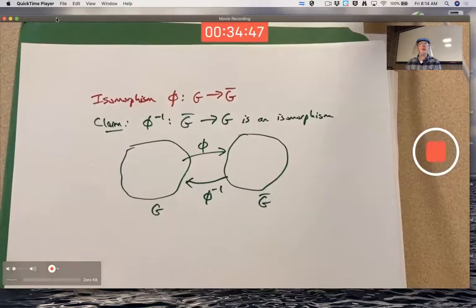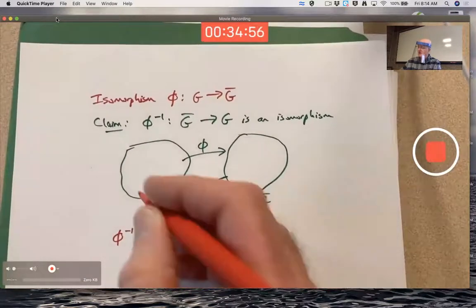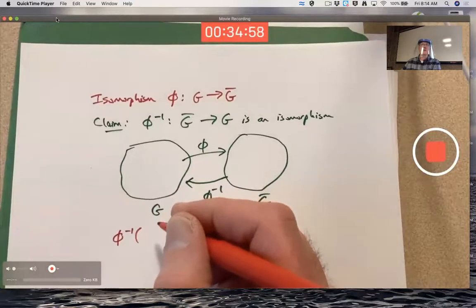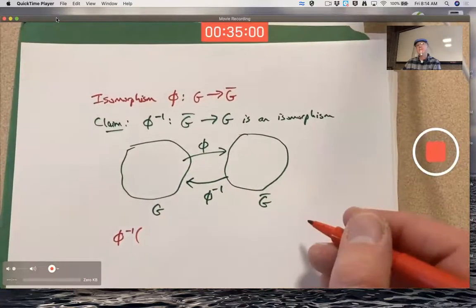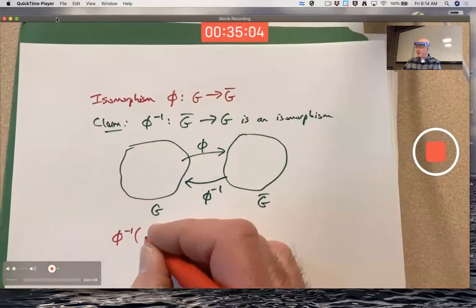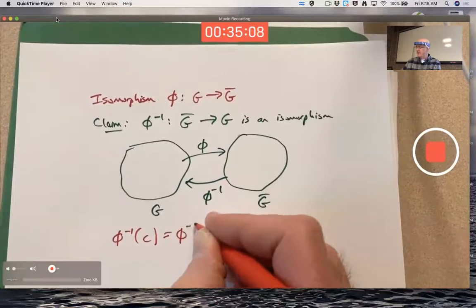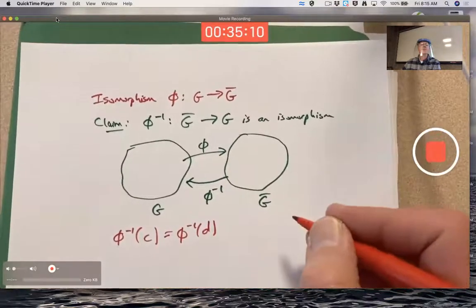How to show it's one-to-one. Assume phi inverse of, I'm going to call elements of G the letters A and B, and for G bar, I'll use the letters C and D. Suppose phi inverse of C equals phi inverse of D. Does that imply C equals D?